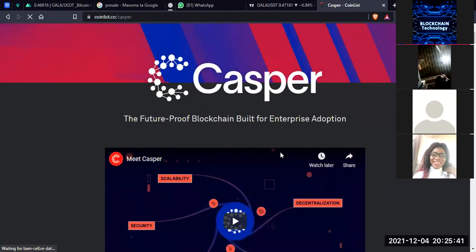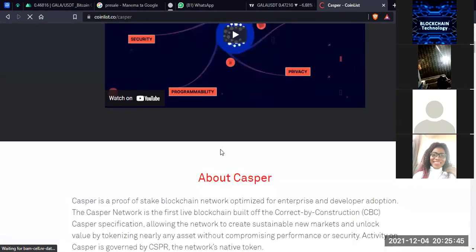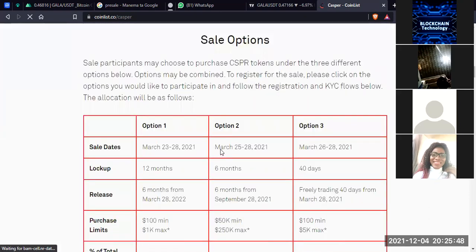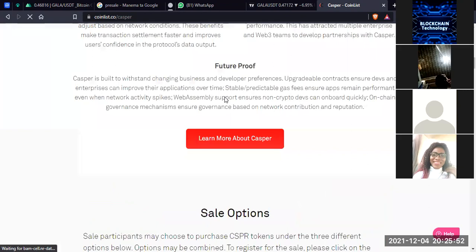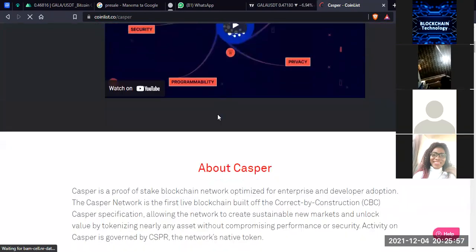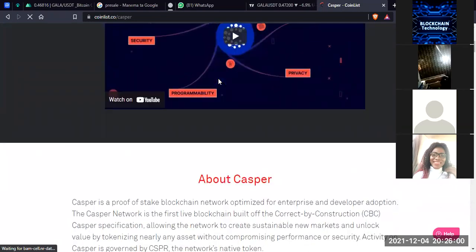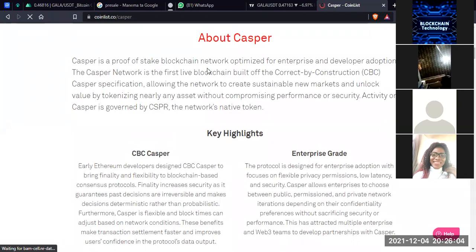Yes, we can. Okay, so this is the Casper pre-sale that was carried out, I think back in March or February. First of all, when you open the pre-sale, you can read about it using this short video. You can also read about what Casper is used for. Actually, Casper has a physical company, I think in the US also.